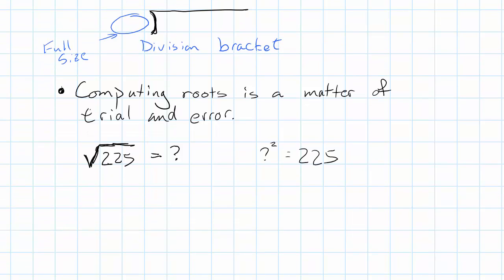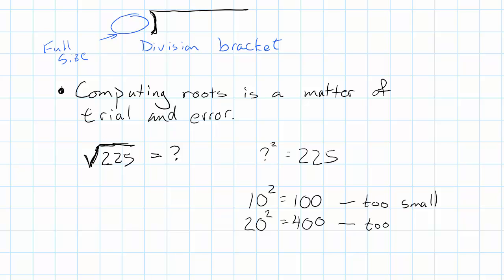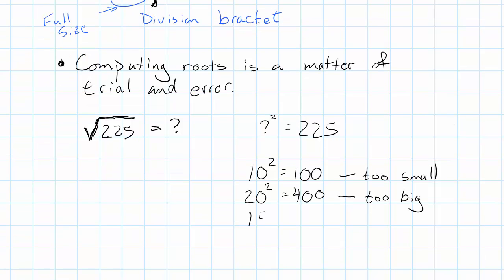Well, maybe you'd guess 10, right? 10 squared equals 100. Too small. Maybe next you'd guess 20. Well, 20 squared equals 2 times 2 is 4, followed by 2 zeros. That's too big. And then maybe you'd guess 15, because that's halfway in between.